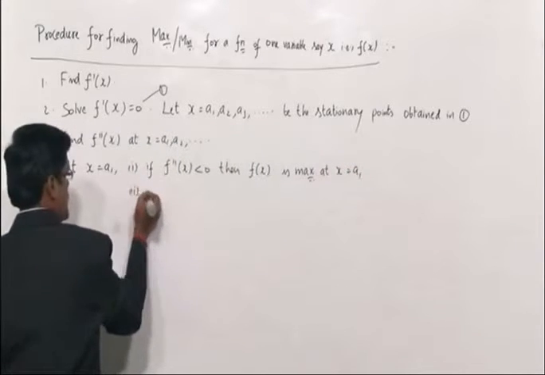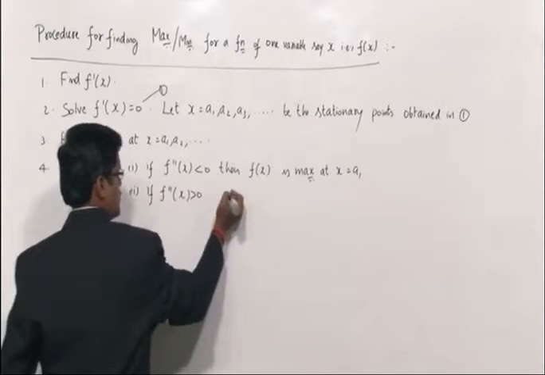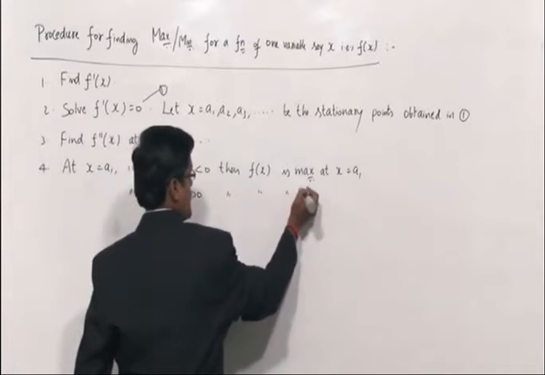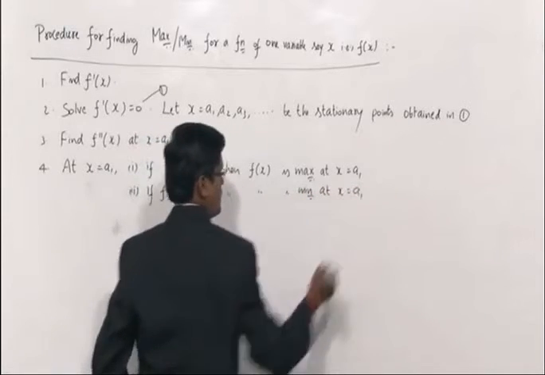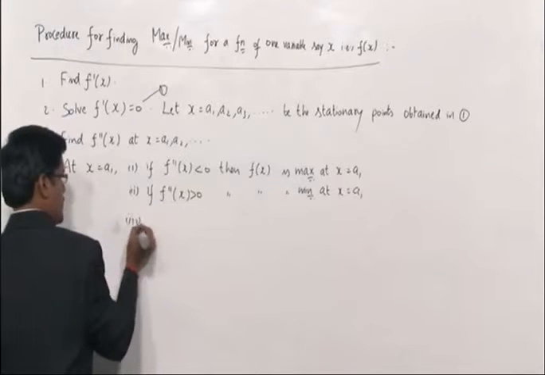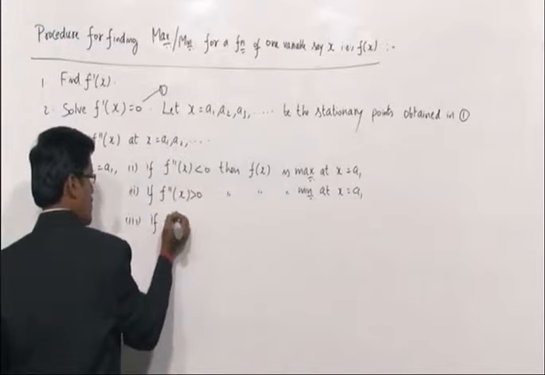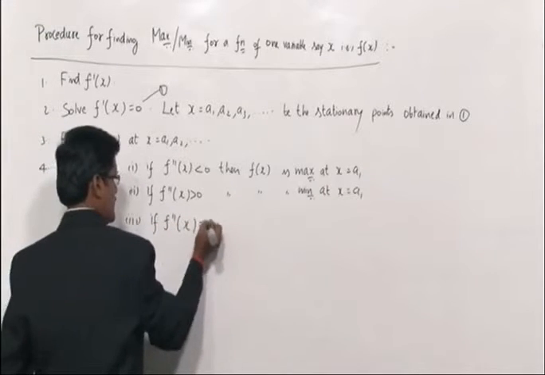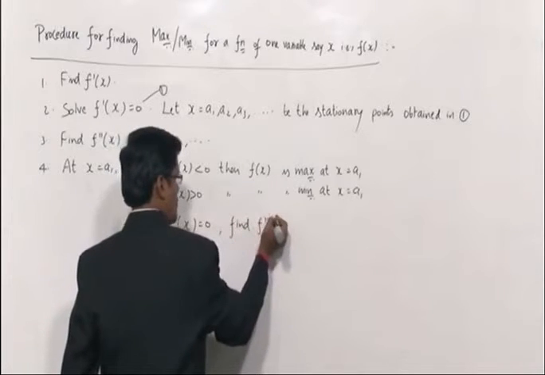Second, if f double dash x is greater than 0, then f of x is minimum at x is equal to a1. Third, if f double dash x is equal to 0, find f triple dash x.